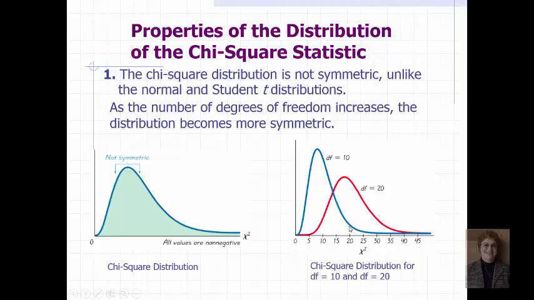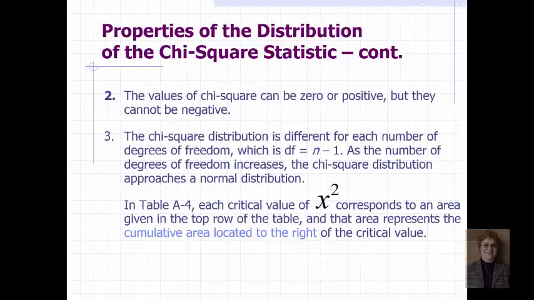But all of our tests will be right-tailed tests when we do our chi-squared statistic. Now, the values can be 0 or positive. We don't have any negative values. The distribution is different for each number of degrees of freedom. And as we said in the last slide, as that number goes up, the chi-squared distribution does approach normal.